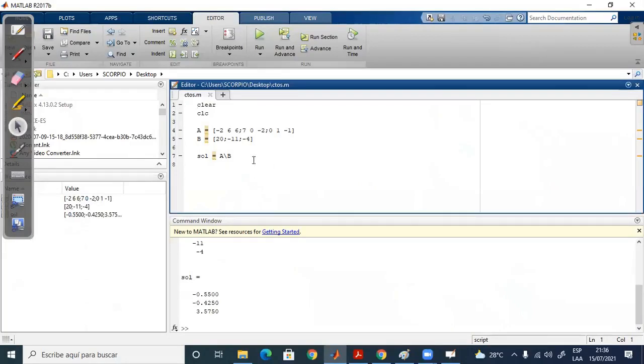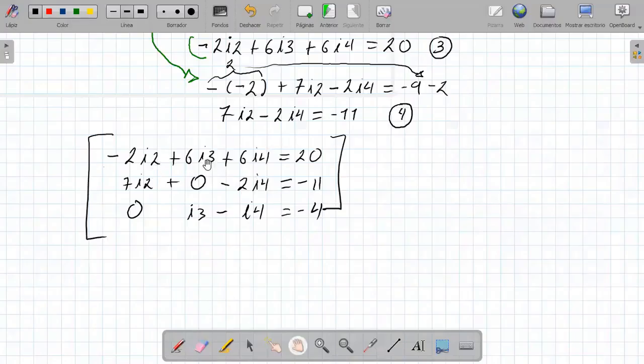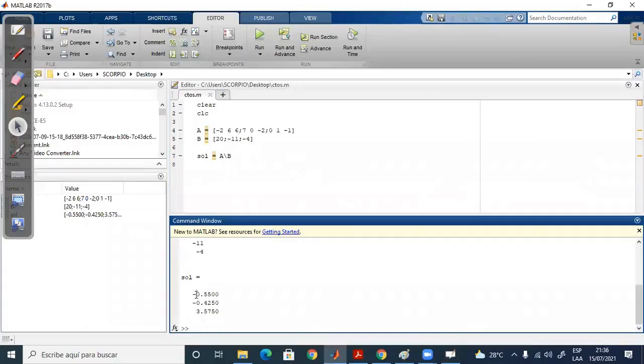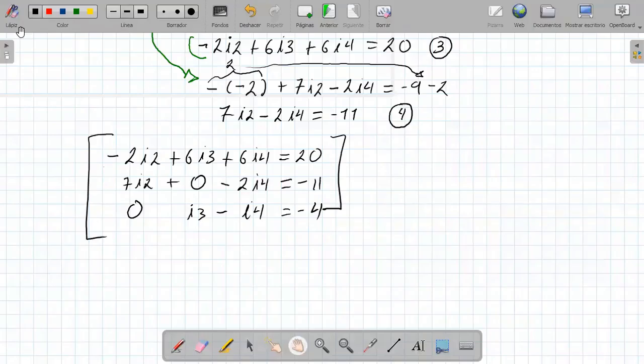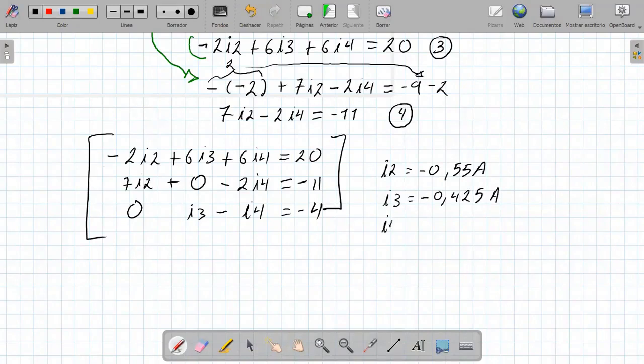And I verify what it is telling me about the currents. Let's remember that this equation is in terms of N2, N3 and N4. So N2 is minus 0.55, N3 is minus 0.425, and N4 is 3.575 amps.